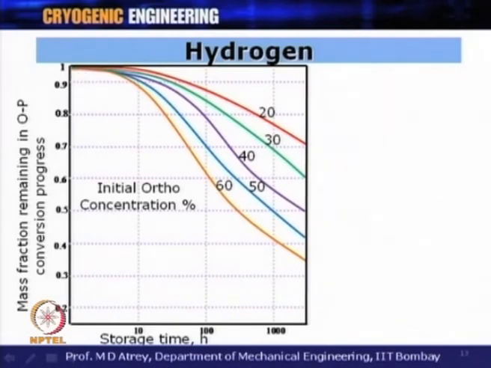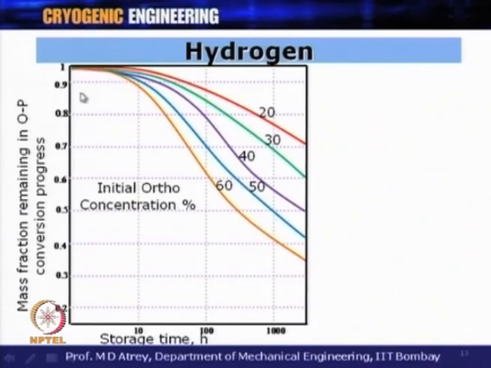What does it mean? That after so many hours, more than let us say around 1500 hours, what remains here is only 0.35. Okay? Whatever original was there, only 35% of that remains, all the rest is getting evaporated. That means around 65% of the fluid has got evaporated completely.